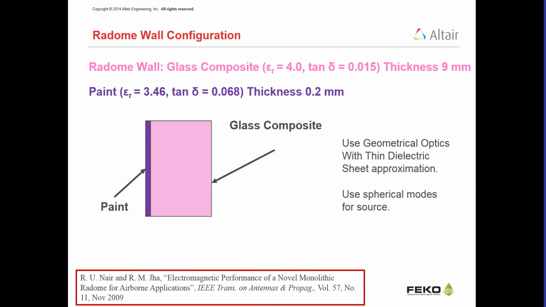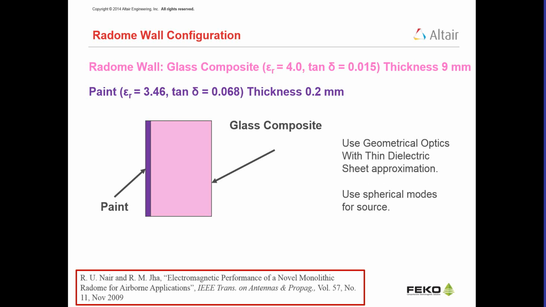So we can actually model this as a thin dielectric sheet with much less resources. And then we took the radiation pattern of the antenna and derived the spherical modes that are given in FEKO and used them as a source for this problem here.